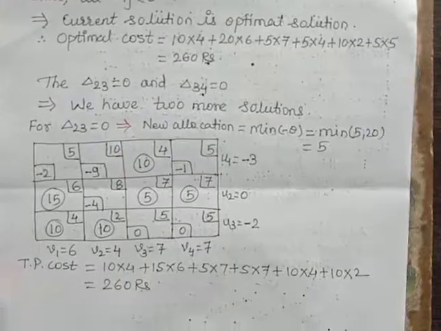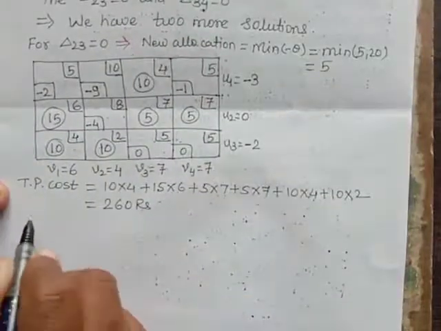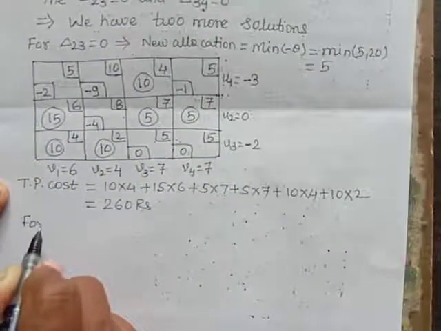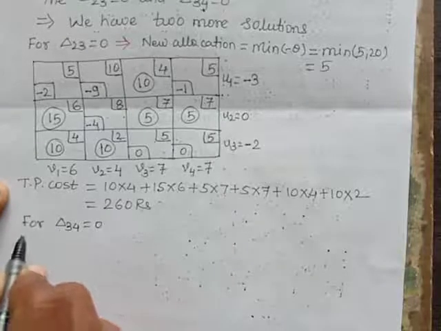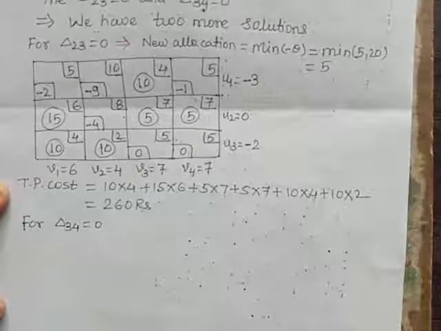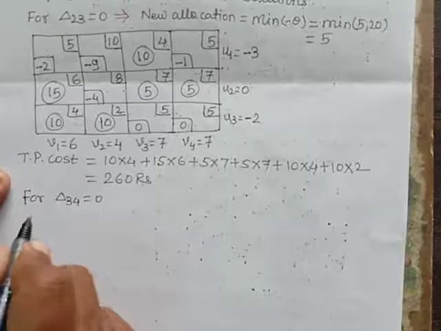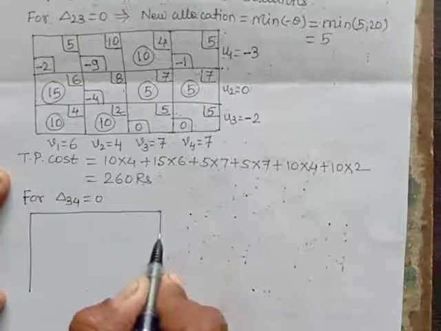Now let's do it for delta 3 4 equal to 0. For that, again I need to form the previous table, so let me form that. Simply I will form the allocations.